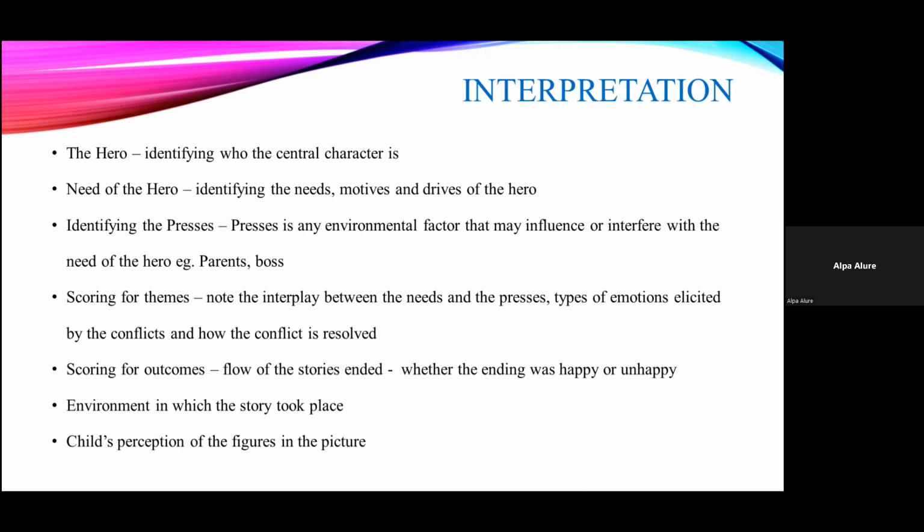The child's perception of the figures in the pictures is also important, because clear-cut things have been told to us, that this is the father or this is the mother, but who is the child identifying with is equally important. Here again, we are able to find out what the main conflicts are, and what anxieties and defenses, if any, are there.